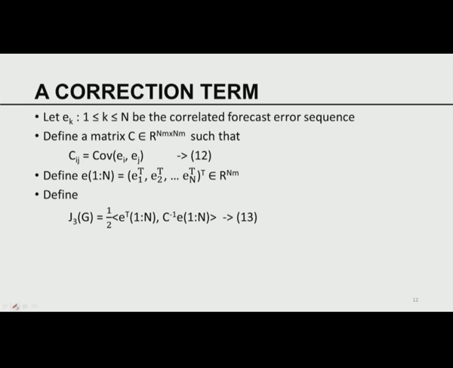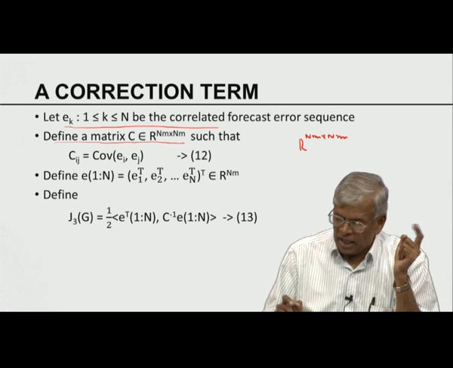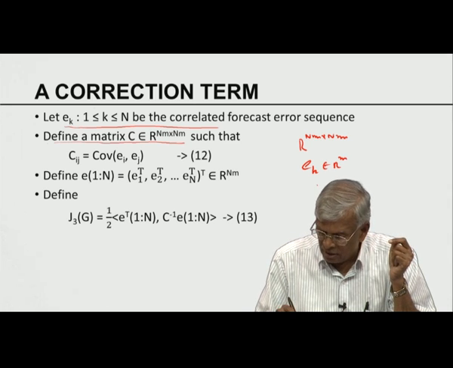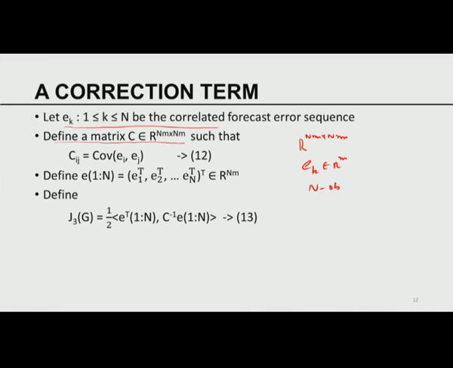So now that we have established that the errors are serially correlated, what do I want? I would like to define a matrix C. What is this matrix C? The matrix C is R^NM times R^NM. Why NM? M is the size of the forecast error. Please recall, this is the size of the forecast error. I have N observations.